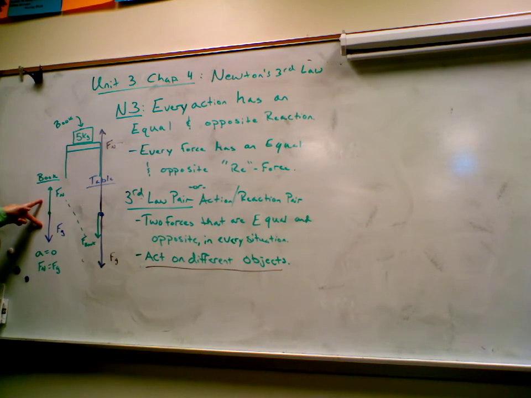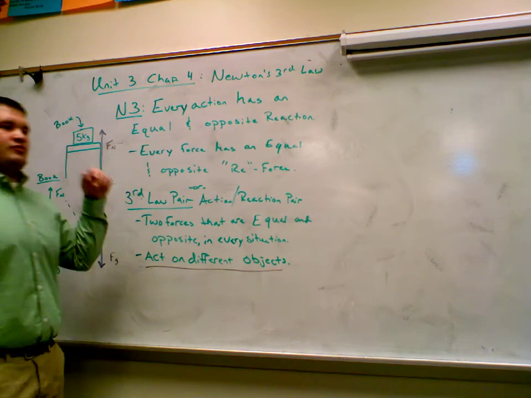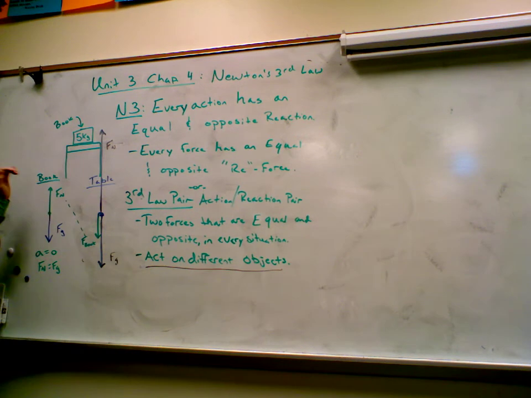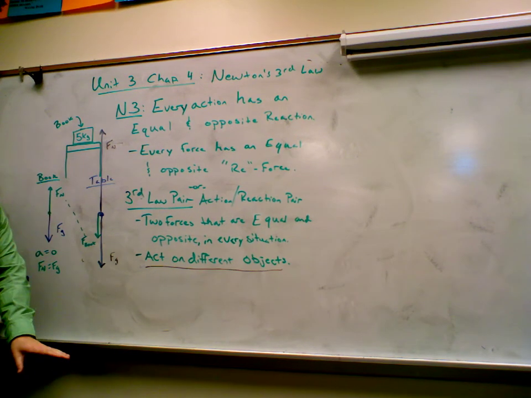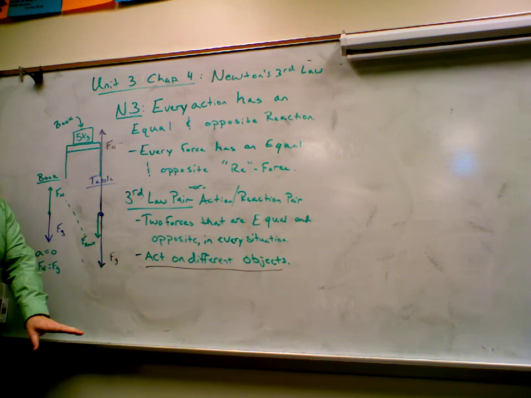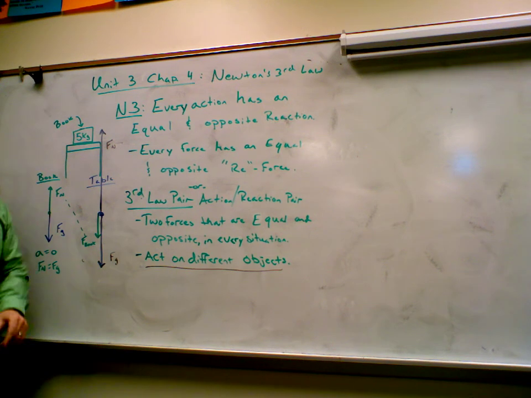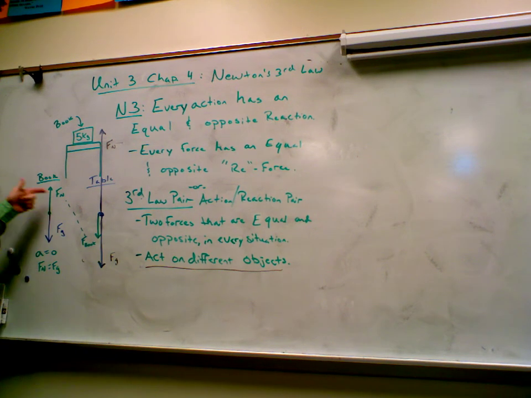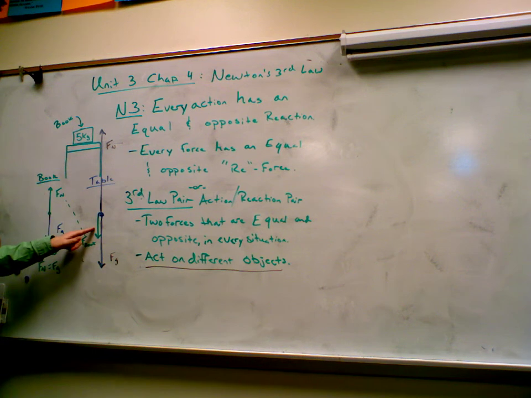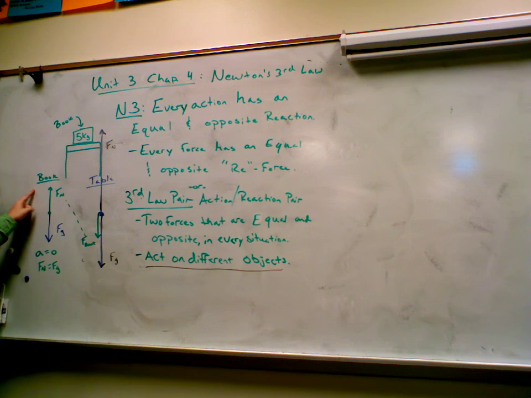But they act on the same object, right? Because every action has an equal and opposite reaction, what that says is when one object pushes on another object, that same object pushes back. So the book pushes down on the table when I set the book on the table, right? So the table pushes back on the book.